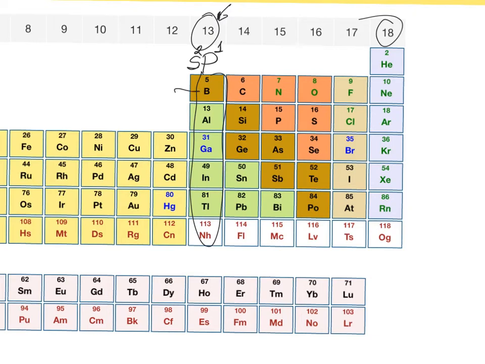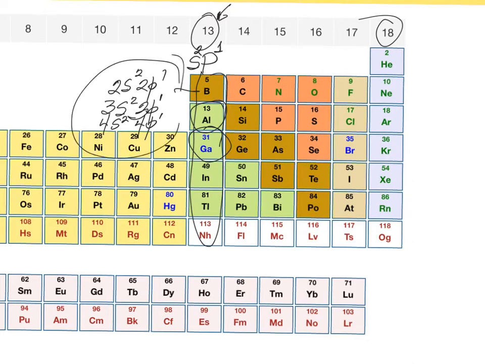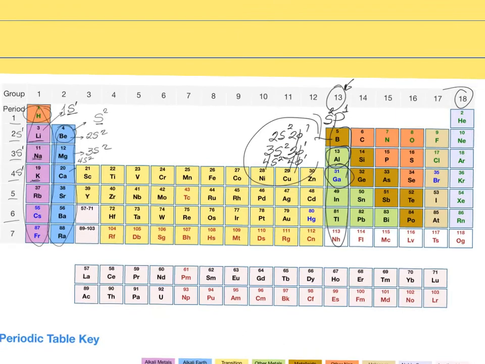Boron is going to be 2s2 2p1. For aluminum, it's going to be 3s2 3p1. And for gallium, it's going to be 4s2 4p1. See that? That is a pattern that you're going to see across the periodic table.